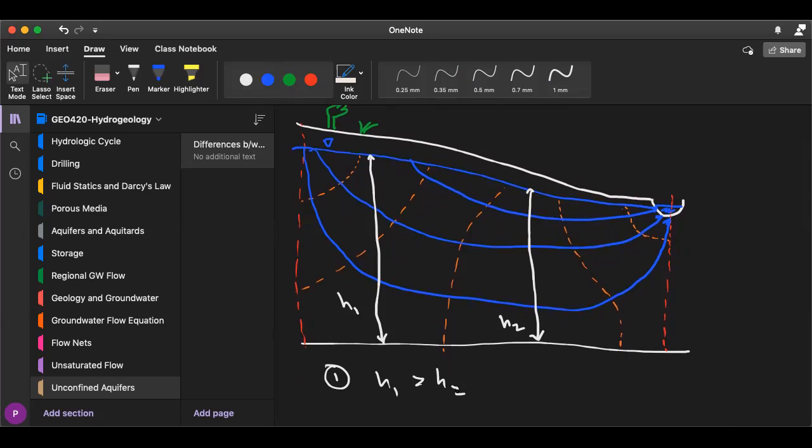If we're going to have flow in an unconfined aquifer, our water table height has to change. And the important implication of this is that our aquifer thickness is always changing in an unconfined aquifer.